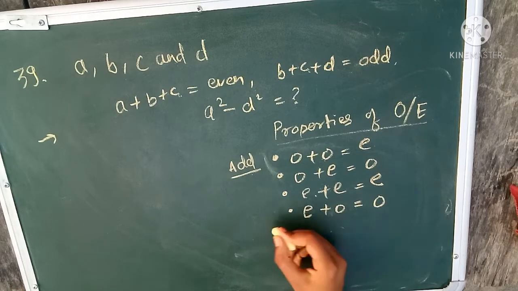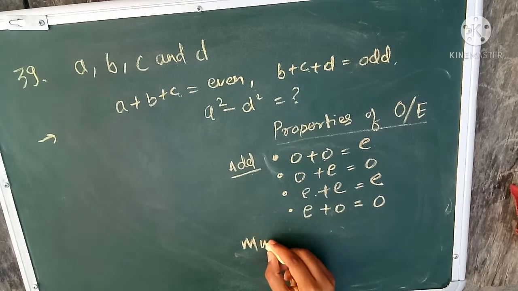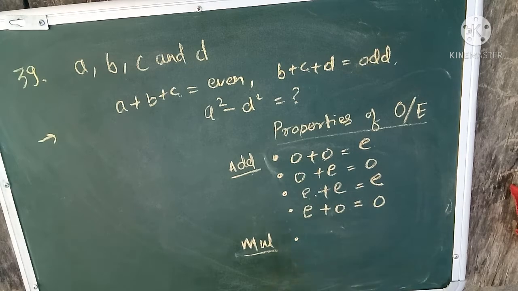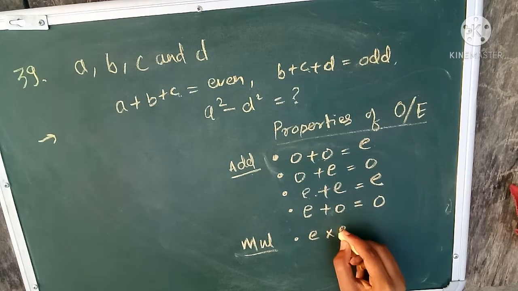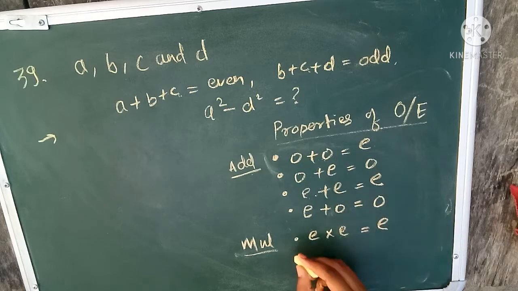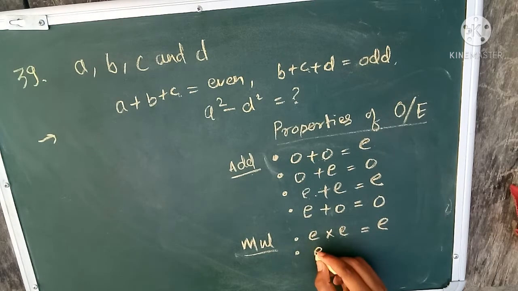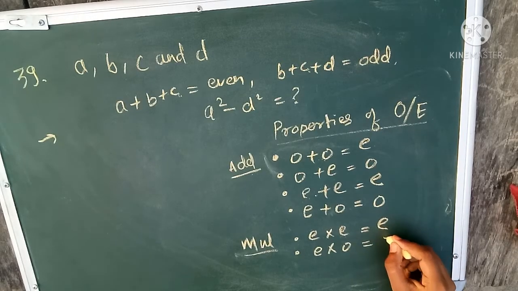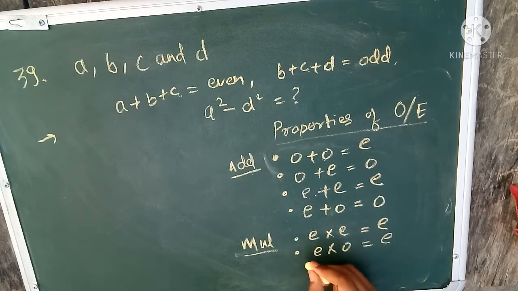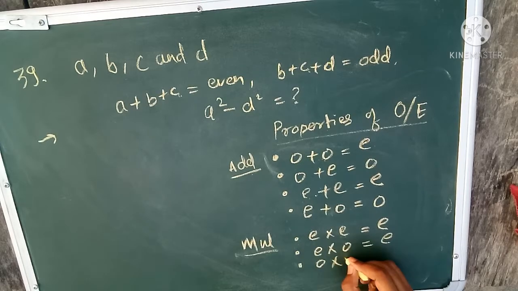In terms of multiplication, we have rules. If we multiply two even numbers, the result is an even number. If we multiply even and odd, we get even. Again, if we multiply odd and even, we get even as a result.